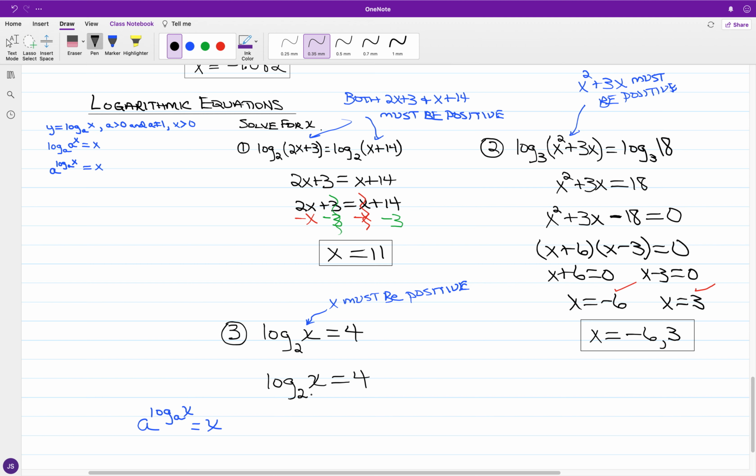So if I take this property, I can treat both sides as powers to which the base 2 is going to be raised. It's a little bit of a trick, especially from a visual standpoint. So I'm going to undo the presence of base 2 logarithms by applying the exponential base 2. So both base 2 logarithm of x and 4 will be powers to which 2 is going to be raised.